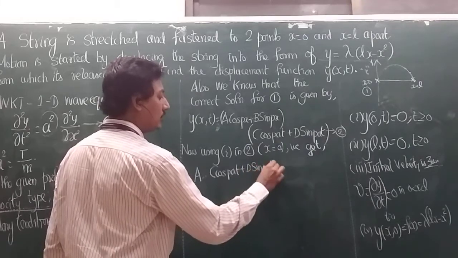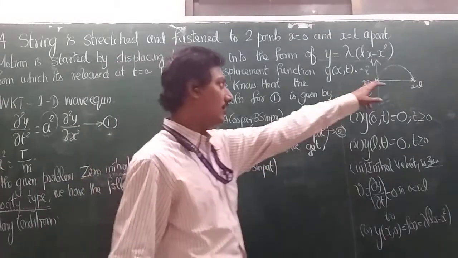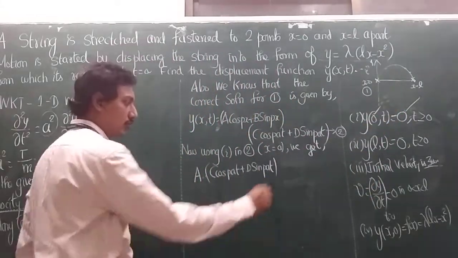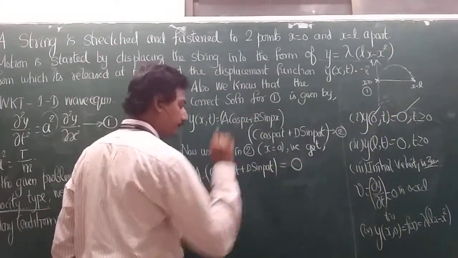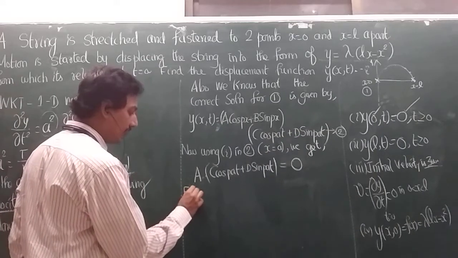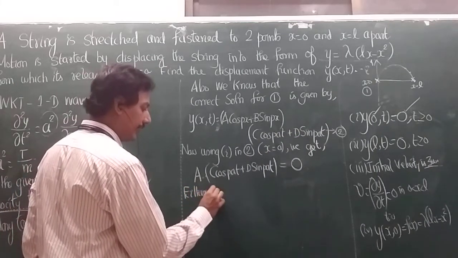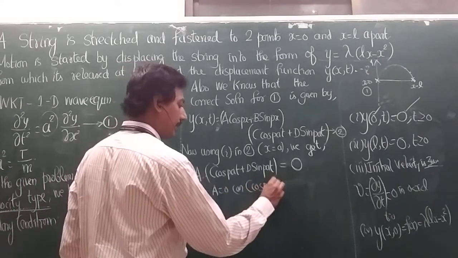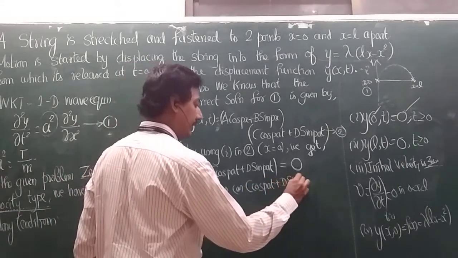But at x equal to L, the point was fixed, so there is no displacement. So it is equal to 0. It means that the product is 0, either a equal to 0 or c cos pat plus d sin pat equal to 0.